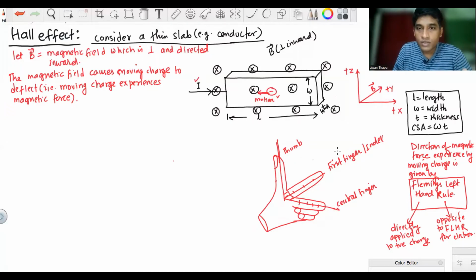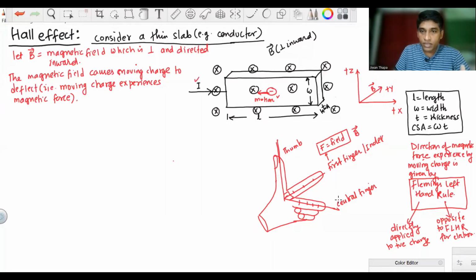Now from F, just to remember, it represents field. So first finger gives the direction of field. So in this case, field is magnetic field, clear.